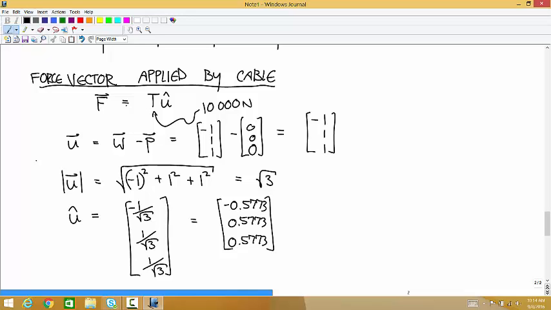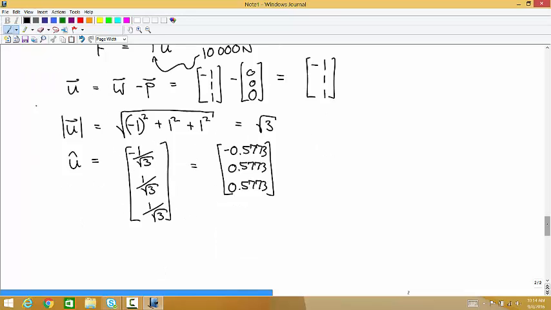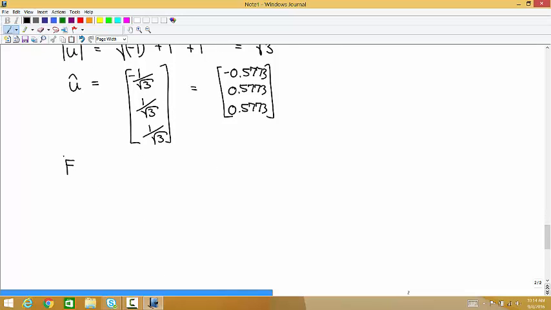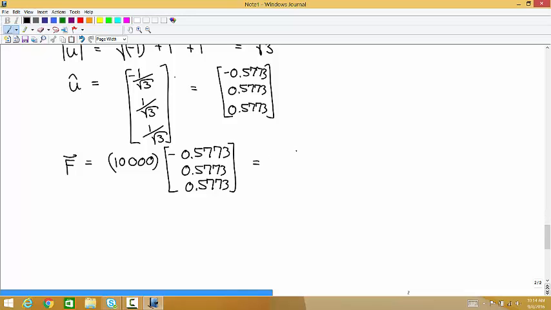And now we just multiply that to get the force vector by 10,000. So the force vector is equal to 10,000 times this vector we just came up with. And this is the one that's negative 5773, positive 5773, positive 5773. And that's in newtons.